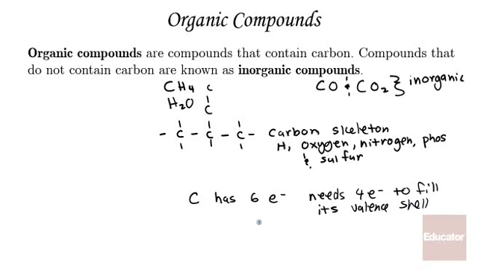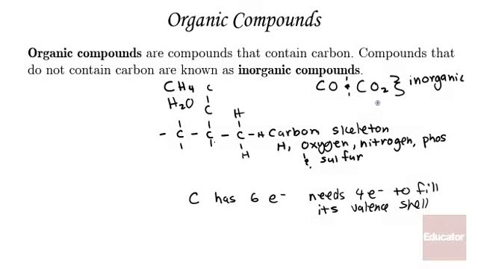And it can fill that shell in various ways. It could form 4 single bonds with other elements, such as, say, hydrogens here, and then the other carbon next to it. So that's one way it could fill. It's sharing 4 electron pairs with other atoms. Another possibility is that it could form double bonds.